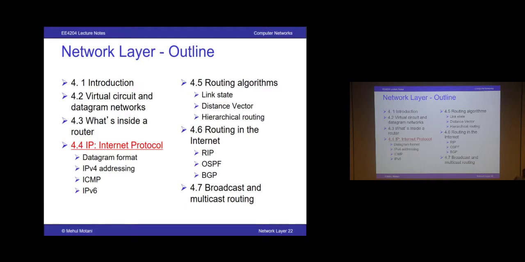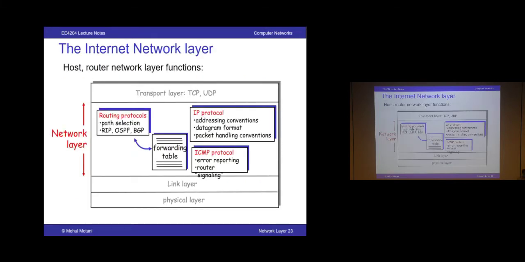Okay? And basically this is about the algorithms running inside IP. IP is, you could argue, the network layer. So here are the algorithms that run at the network layer. This is to illustrate how things fit together at the network layer. So the routing algorithms, which we'll discuss next, drive the forwarding table, and that's the network layer function.